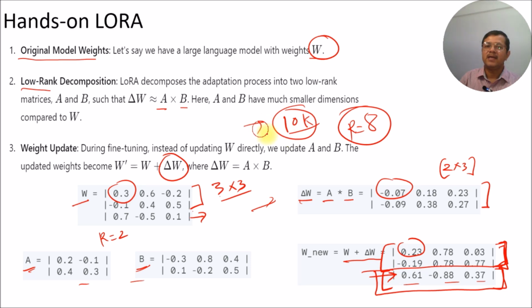First is taking a 10,000 rows and columns matrix and updating all the weights. The other is taking two smaller matrices A and B with rank 8, and then updating the weight with this. Then you will easily imagine that if you have billions of parameters and millions or billions of rows and columns, then taking the low rank matrices will highly reduce the calculation overhead.